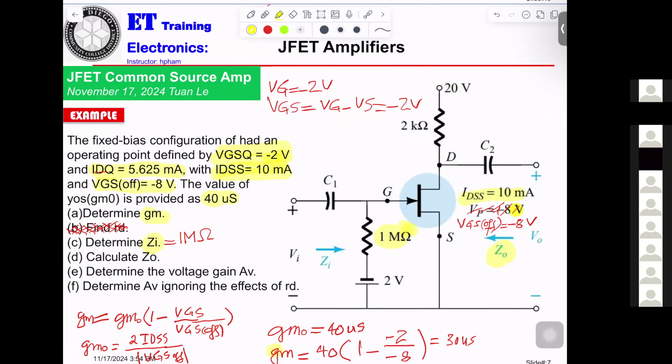Would it be 2K? Perfect. Yes, because you're going to short out the capacitor. That shorts the 20 volts to the ground. So the drain to ground will be 2K. Yep, there it is. So the answer will be 2K.